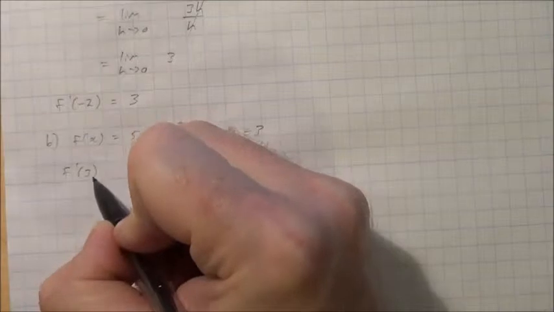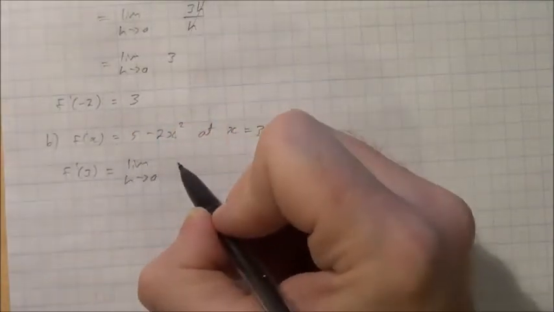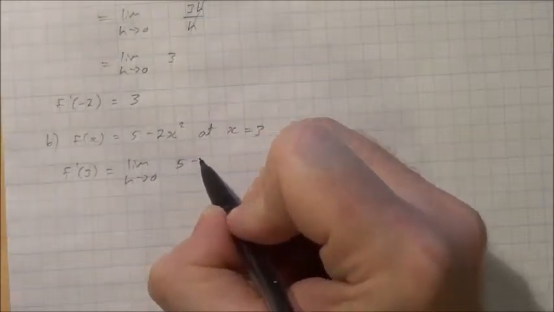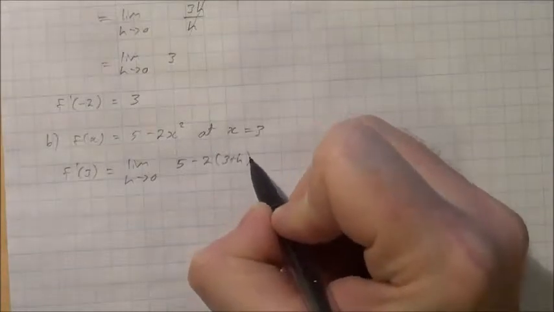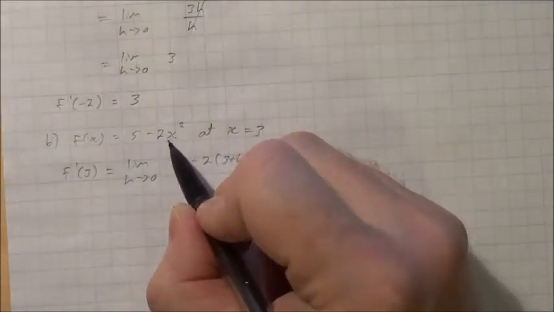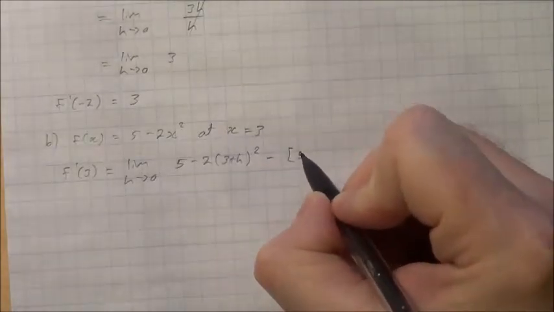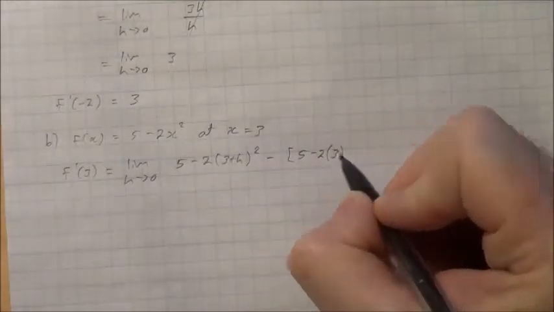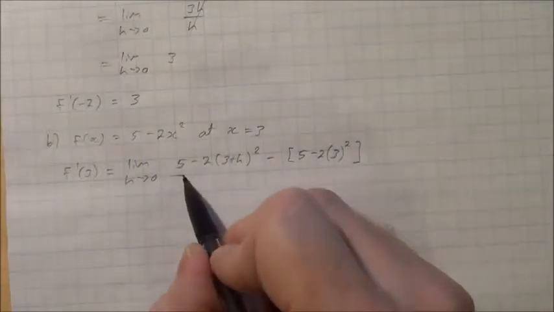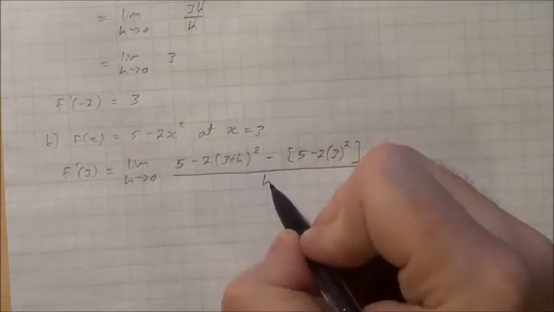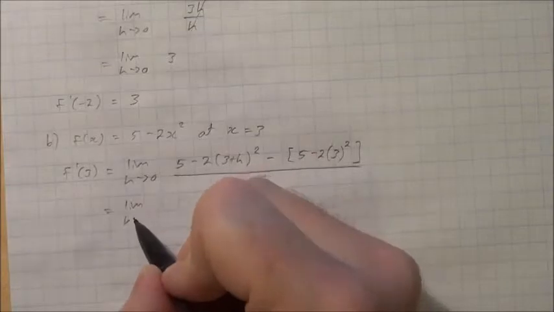So f prime of 3 is the limit of 5 minus 2 times 3 plus h squared, that 3 plus h gets substituted in for x, minus 5 minus 2 times 3 squared, all over h, as h approaches 0.